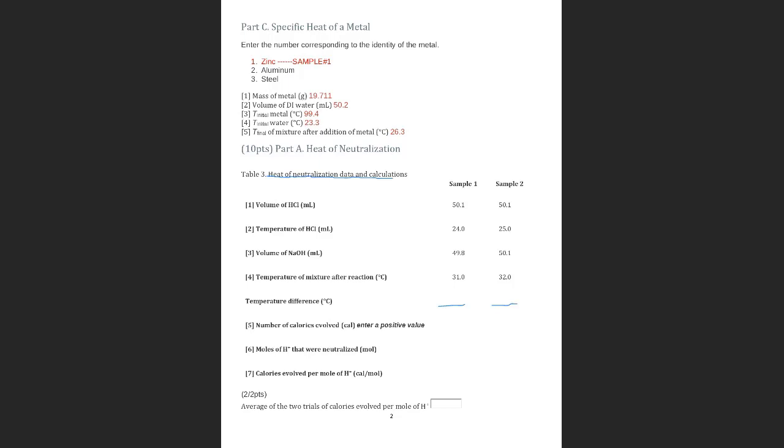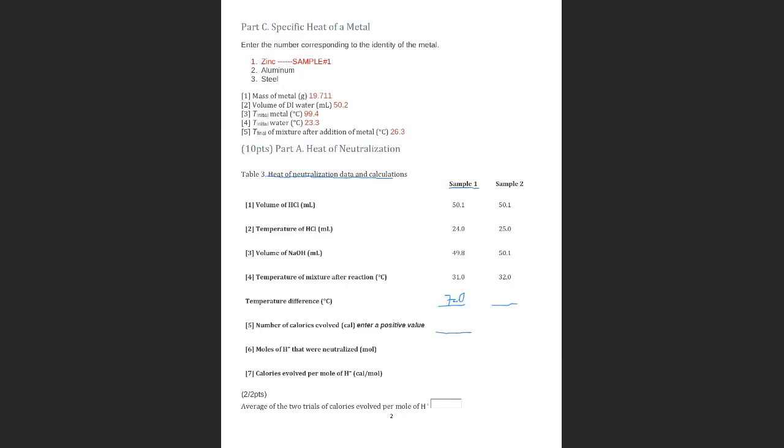What is the temperature difference for sample 1? What do you get? Volume, temperature 24, 31. So 31 minus 24. Yes, perfect. 7.0. Exactly. You will probably have different data, but I just want to make sure that you know what.